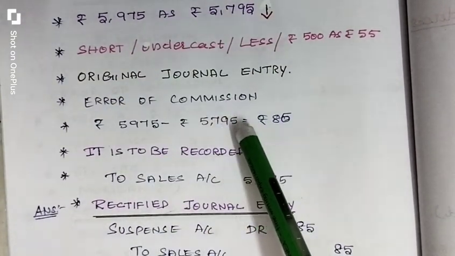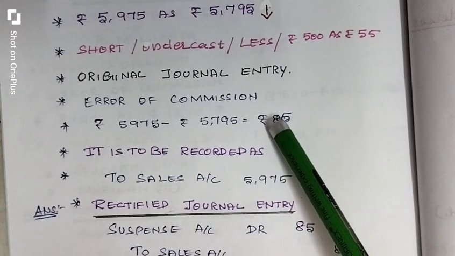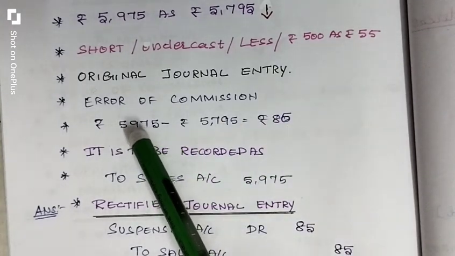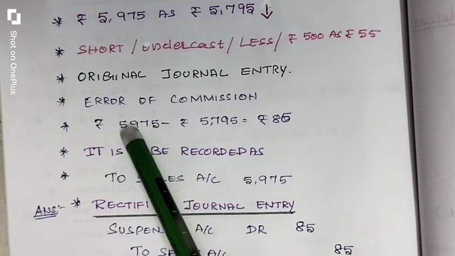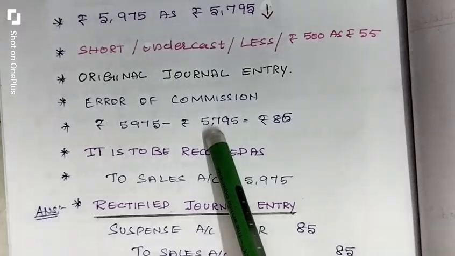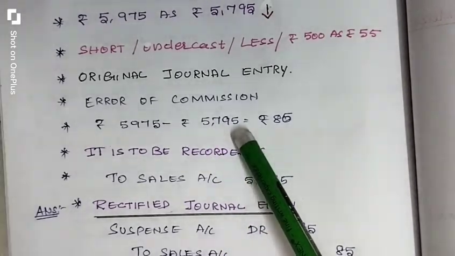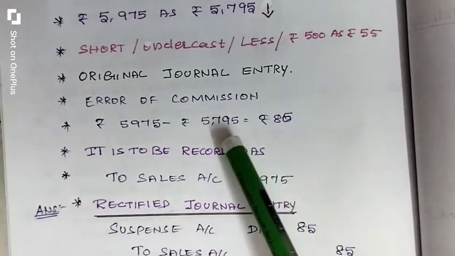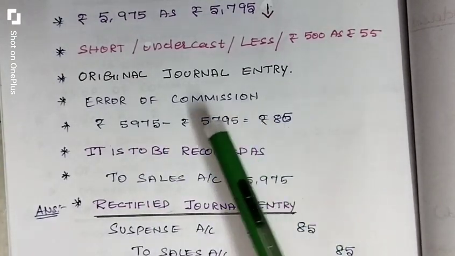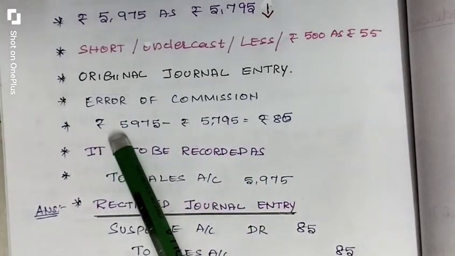How do you find out the error and rectify it? We find the error. How can you rectify it? You can't enter 5,975 or 5,795 in the rectification journal entry. You have to find out the difference value. For that you subtract 5,795 from 5,975.